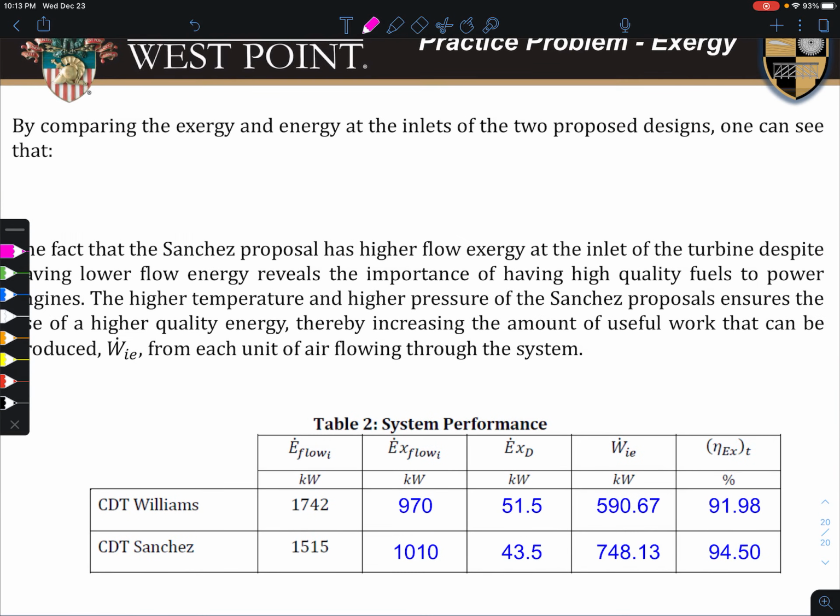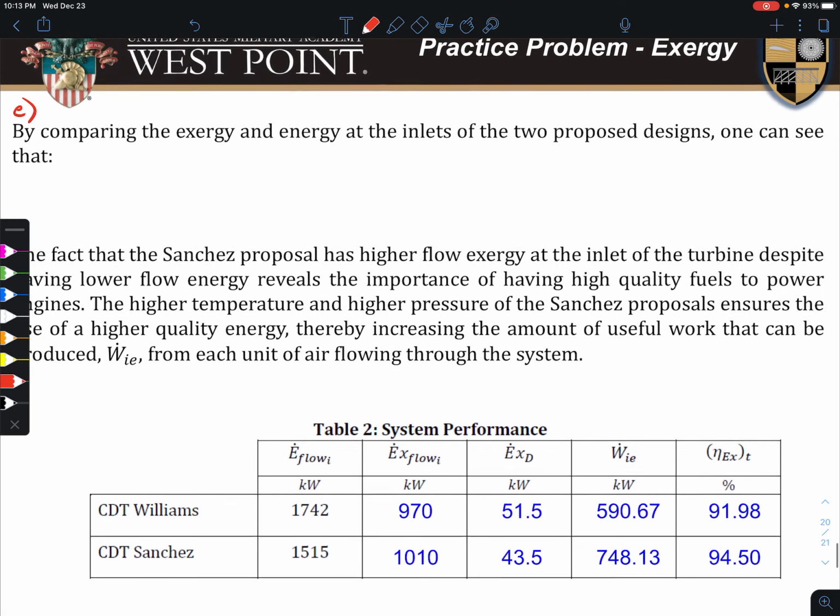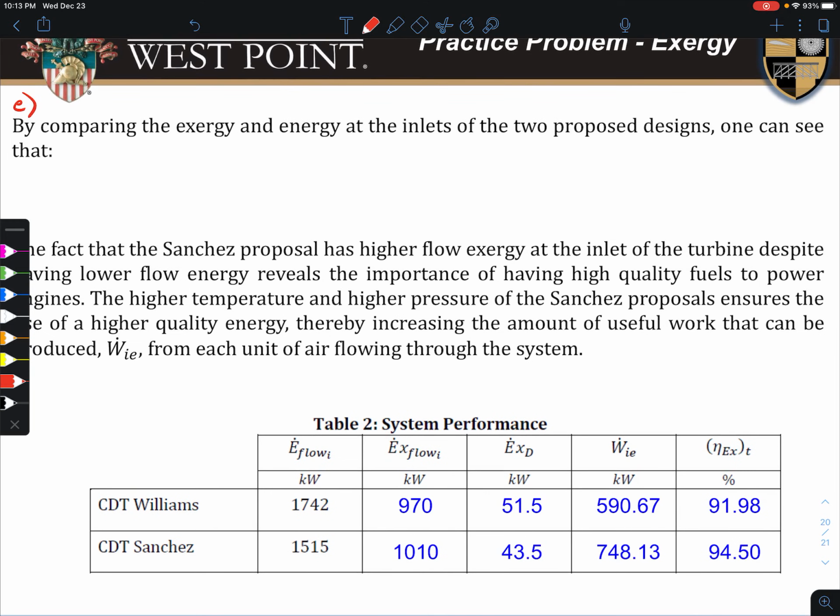So the last statement here, I'm not going to read out the entire thing to you, but this gives you an idea. So this is part E. So I will write this up here, part E. So we are comparing energy flows and exergy flows at the inlets of the two proposed designs.